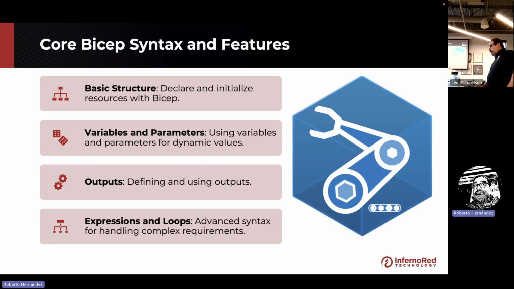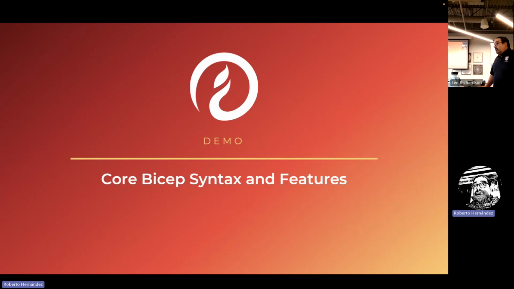But like any programming language, it's going to have variables, it's going to have parameters, and we're going to learn how to do that. It's going to have syntaxes to make things easier, so you're going to be able to write loops and conditions. So let's start with some of those demos. Let's write our first basic Bicep file.